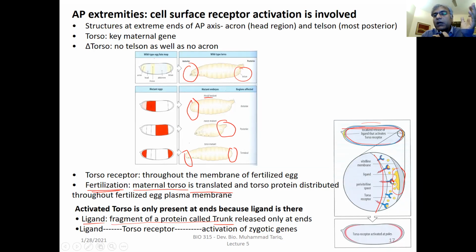That's why when you have a torso mutant, you will find the consequences only on the two anterior or posterior ends. Is it clear so far?